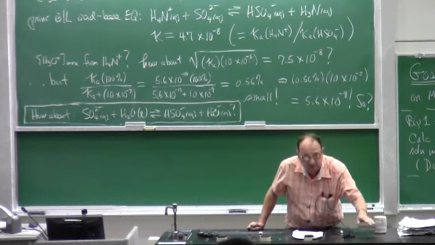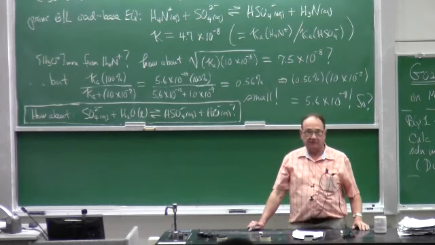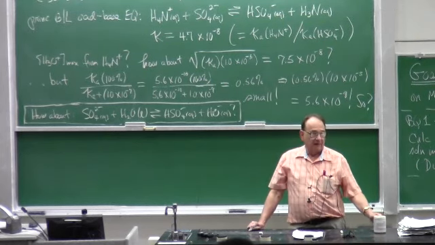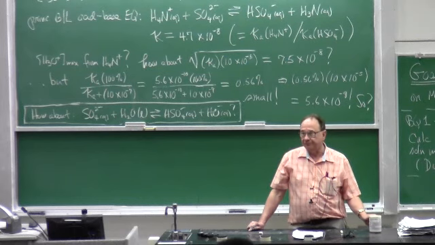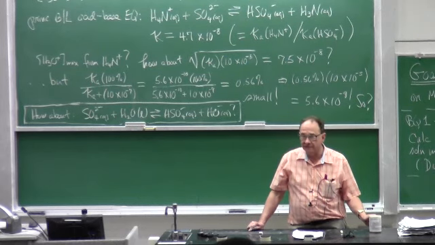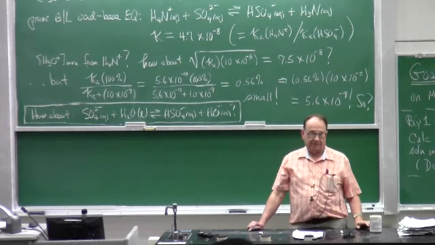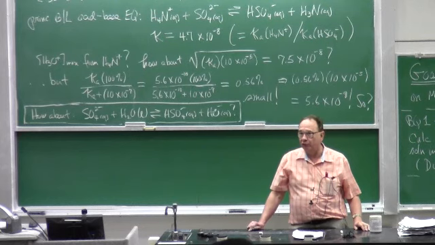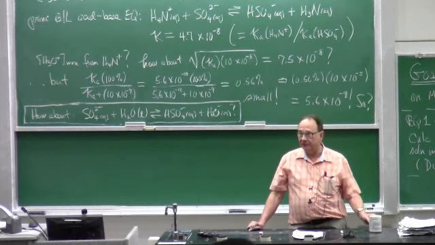Upshot, Kw has got to be part of this analysis. The hydronium ion concentration in this system depends on two species in the system: ammonium ion and water. Water reacting with water to establish the Kw equilibrium.